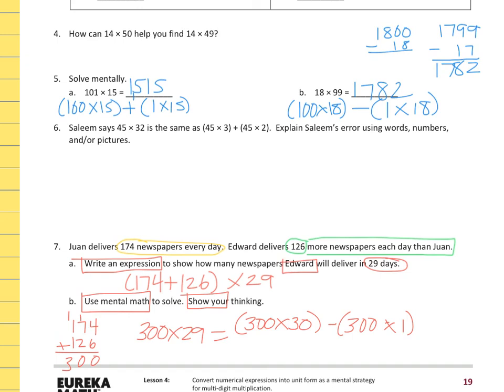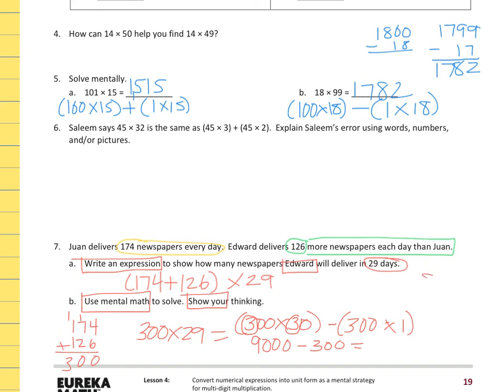So we have 300 times 30. So I'm going to take my 3 times 3. That's 9. And that means 30 times 300 would mean add those 3 zeros. So then you have 9,000. And you're going to take away 300, because 300 times 1 is 300. And so now we have 9,000 take away 300. And so I am going to do that trick again to eliminate some of the borrowing up on top.